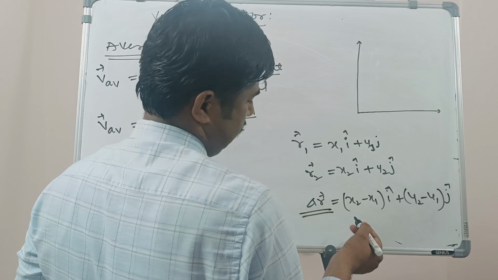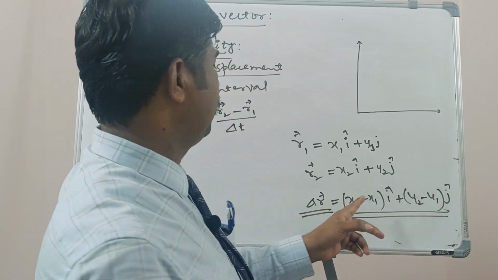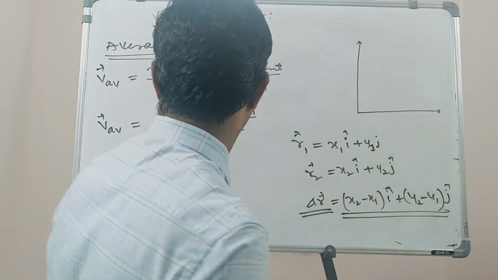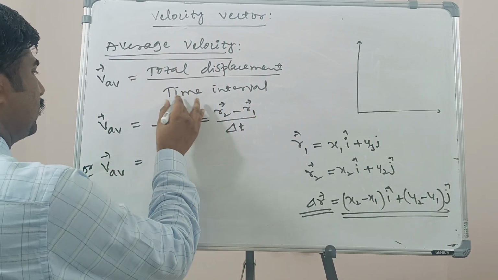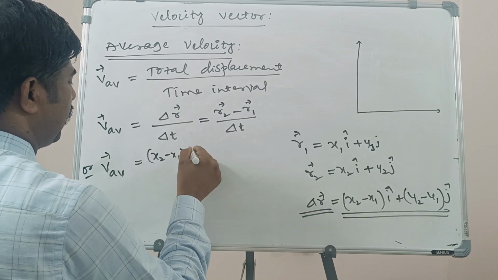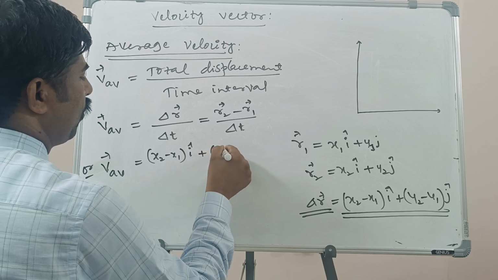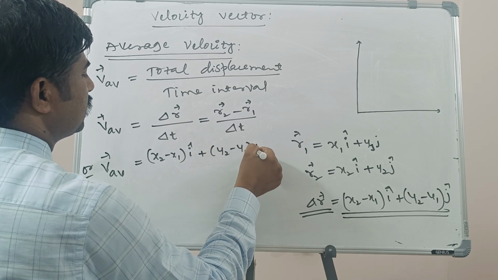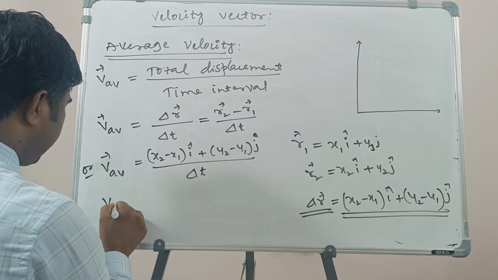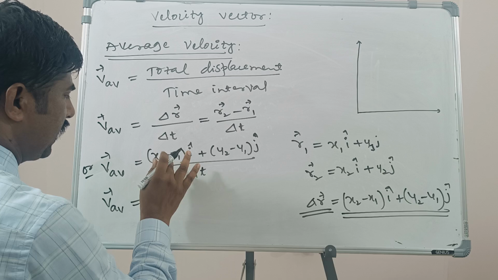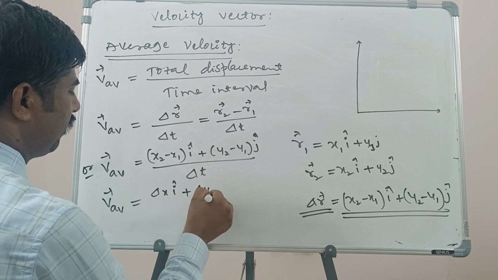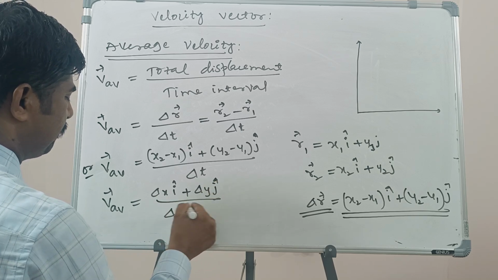This delta r can be expressed in terms of change in position along the x-axis and change in position along the y-axis: (x2 minus x1) i cap plus (y2 minus y1) j cap, divided by the time interval. Or else we can write this as delta x i cap plus delta y j cap divided by delta t.